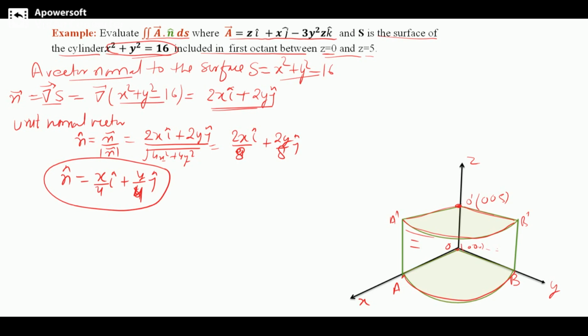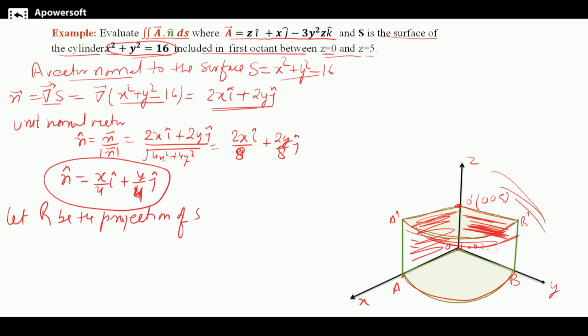Now here we take the projection. Either we take the projection of that cylinder on the xz plane, or we take the projection of the curved surface on the yz plane. Let capital R be the projection of the curved surface on the yz plane.